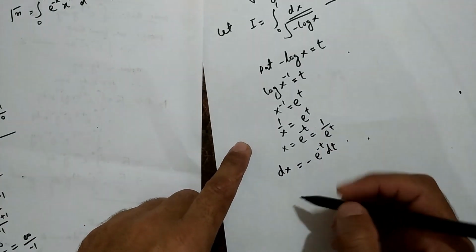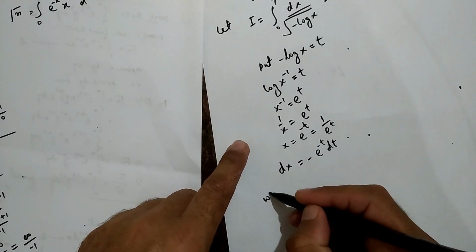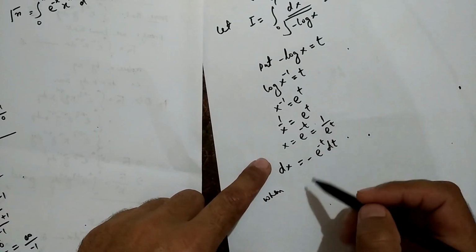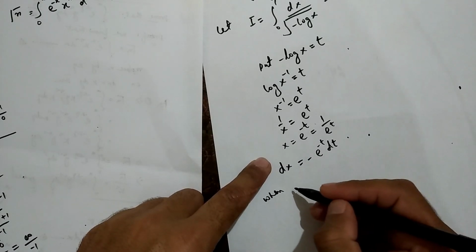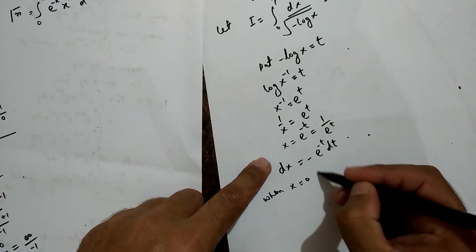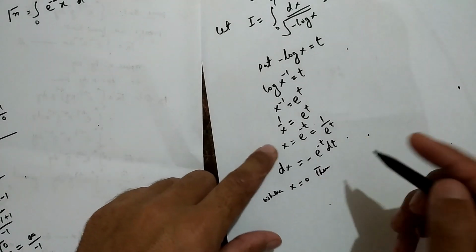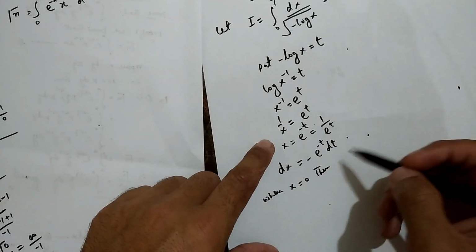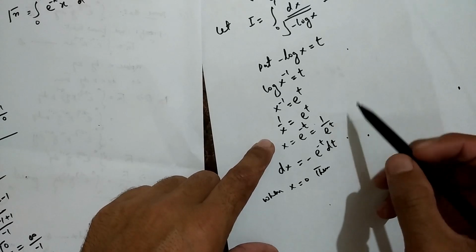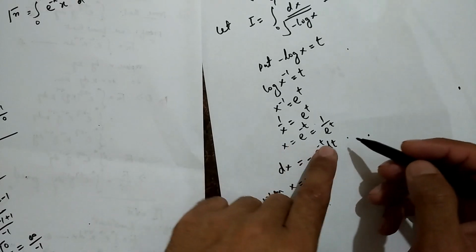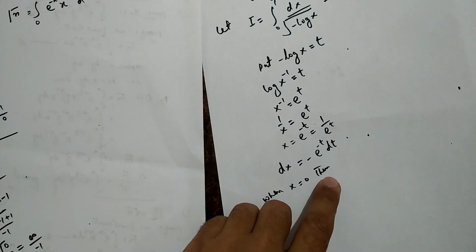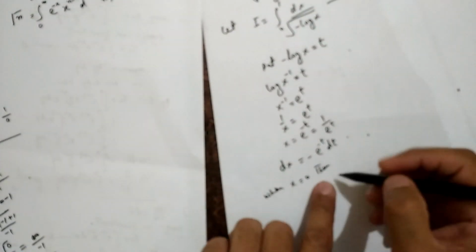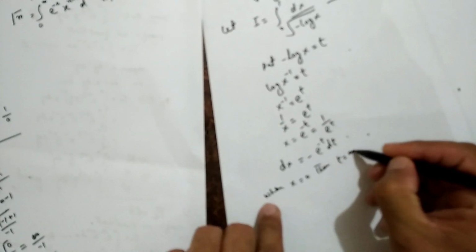When x equals 0, then t will be equal to infinity.